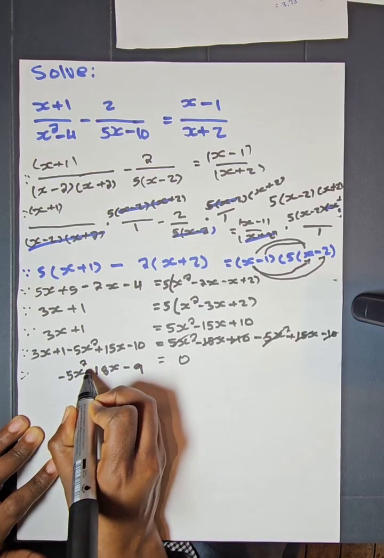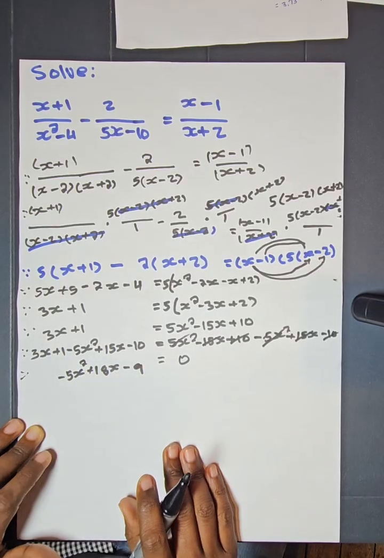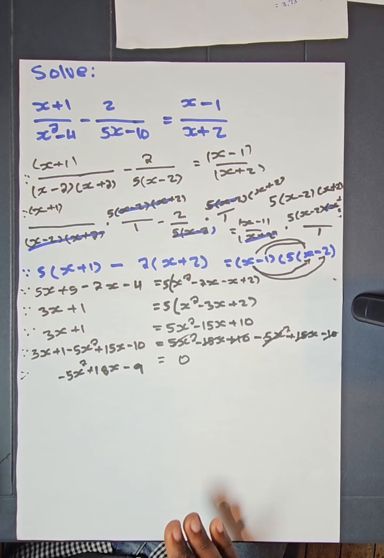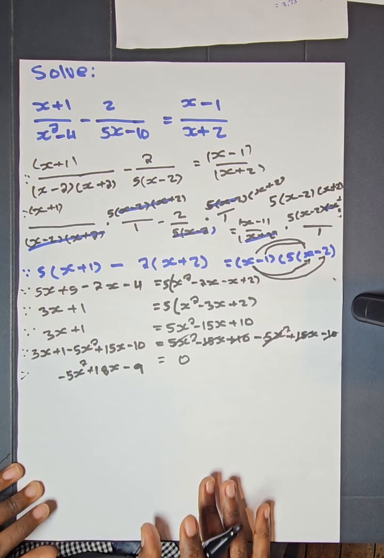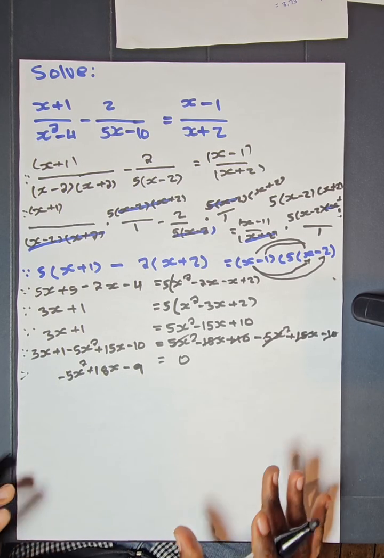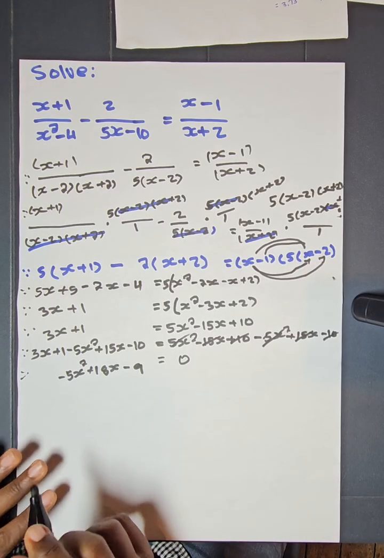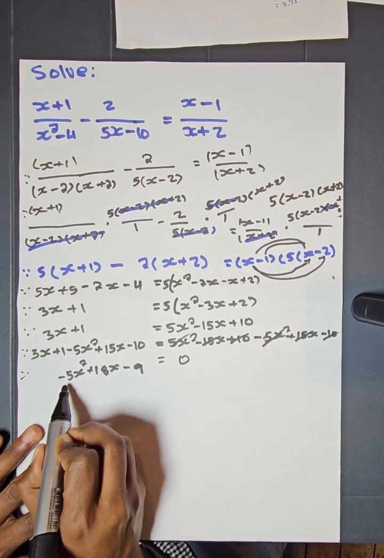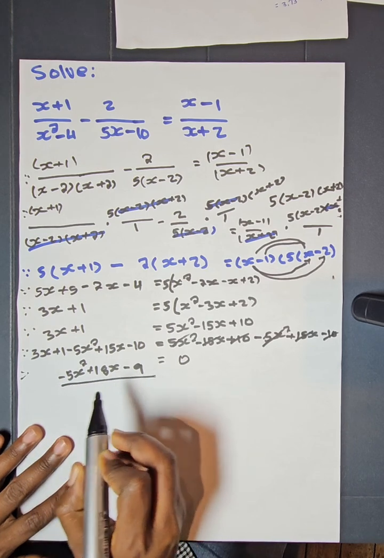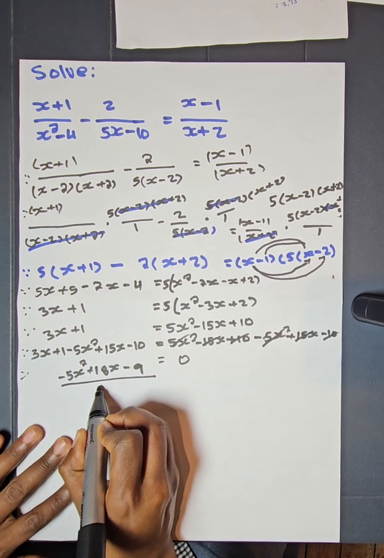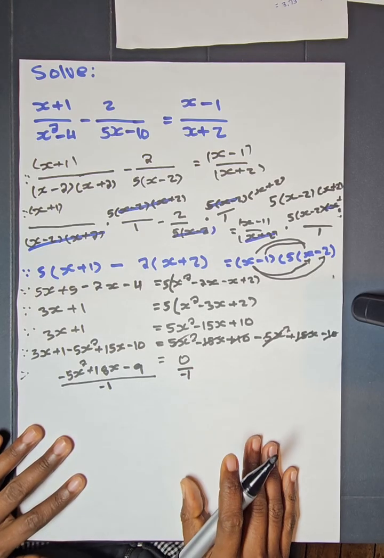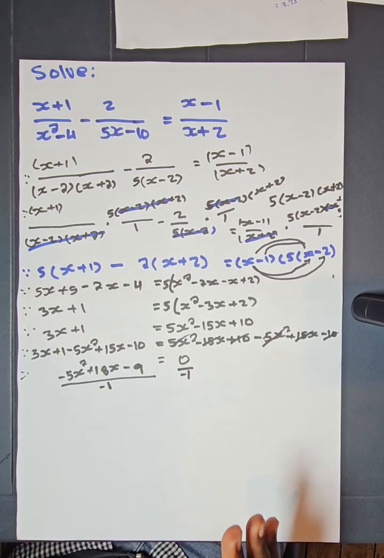We're going to therefore now have minus 5x squared plus 18x minus 9 equal to 0. Now it's in standard form. We need to get rid of this minus by dividing as a whole by minus 1. And also we divide the other side too, because this is the golden rule of the equation.